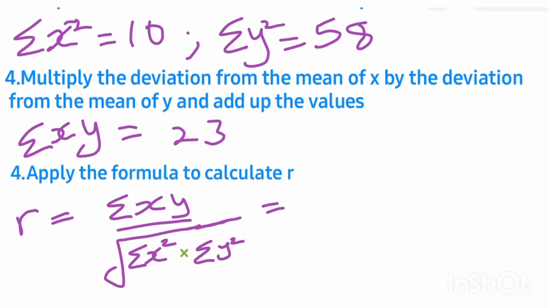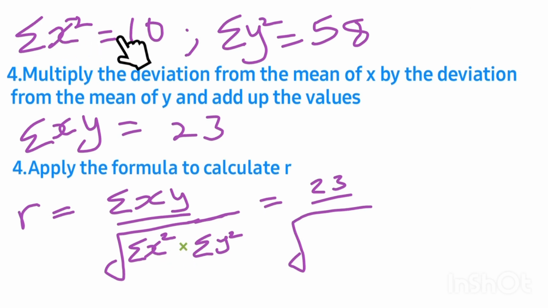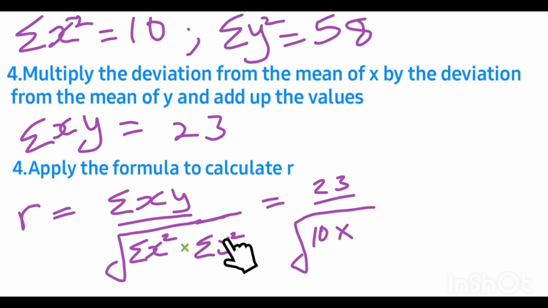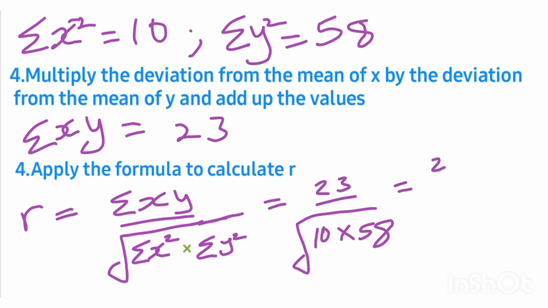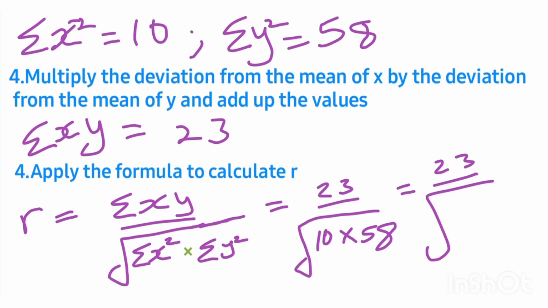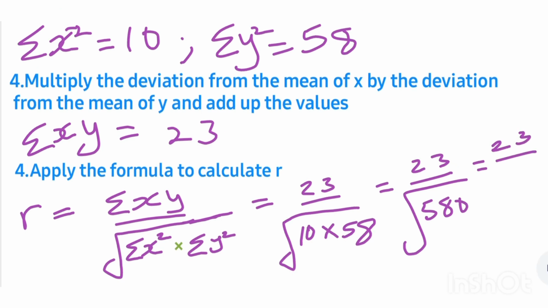Going by our formula, we trace our summation xy, we have 23 here, so we have 23 over the square root of summation x squared, the value is 10, times summation y squared, and the value is 58. And we record that, we have 23 over the square root of 10 times 58, we have 580, right? And we have 23 over root 580.